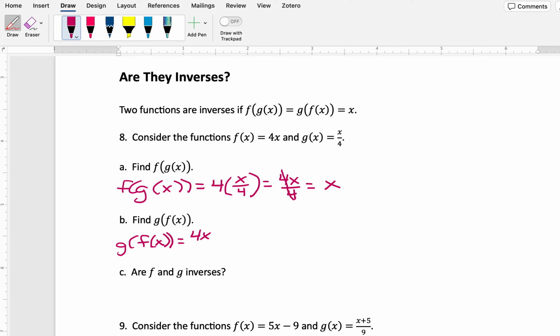So 4x divided by 4. And again, when we have 4x divided by 4, the 4's are going to cancel out, and we're left with just x. So, since f of g of x is equal to x, and g of f of x is equal to x, that means that yes, they are inverses.